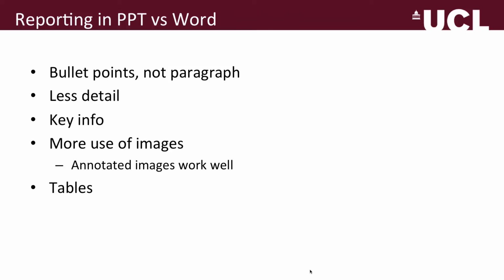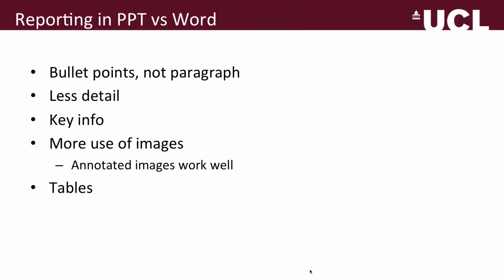But using PowerPoint is different from writing in Word. So in what ways is it different? Well, you generally speaking use bullet points rather than paragraphs, so it's much less wordy. There would usually be much less detail being provided. You focus on the key information that you want to report.